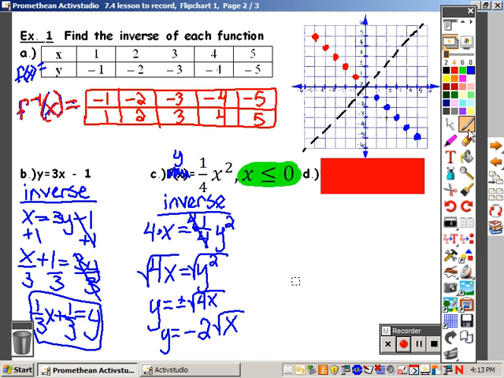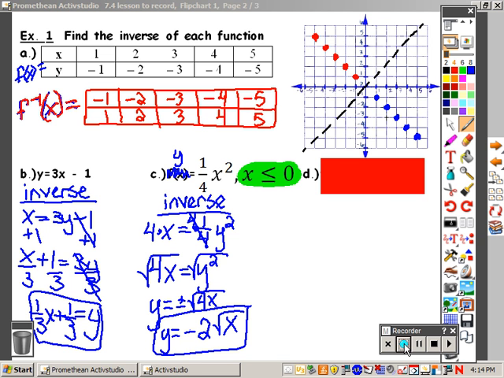On your test. This material will not be on the mid-chapter quiz that you're taking today. The quiz you're taking today is on 7.1, 7.2, and 7.3. Anyway, but you will have a problem where I'm going to give you a restriction like this up here where it says x is less than or equal to 0, and that way you have to pick between the plus or the minus. I'm choosing the minus because it tells me to do anything less than 0. So that would be all negative numbers.